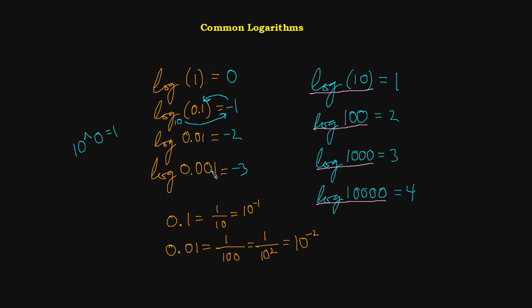Okay, when we go from a number that small, 1,000th, to 10,000, that's a really big change in numbers. But when we take the log of those numbers, look at how little change there is. We simply go from negative 3 to negative 2 to negative 1 to 0, 1, 2, 3, 4, all the way from 1,000th to 10,000s, okay? That's a huge change, and logs sort of help to make everything nice and compressed and simple.